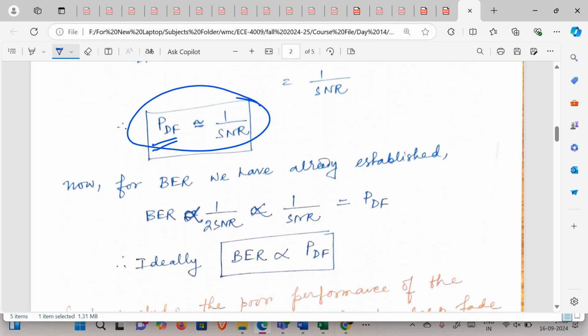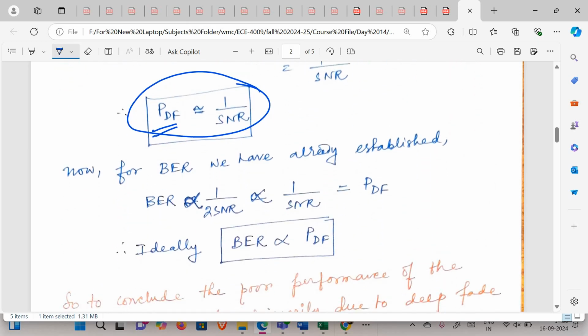Now what is the impact of it? Just the last line. Have we established this already? BER is almost proportional to 1 by SNR, because if you observe the equation, half of 1 minus square root of SNR by 2 plus SNR, the last expression we mentioned.